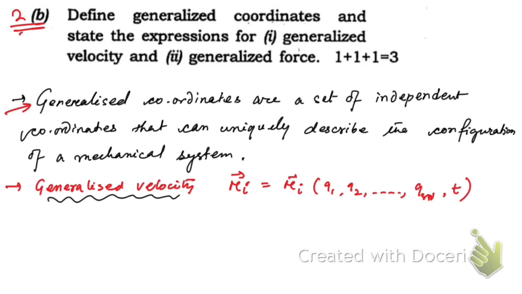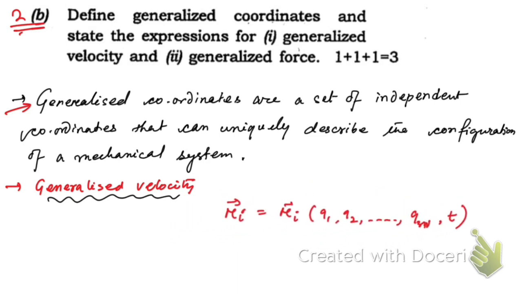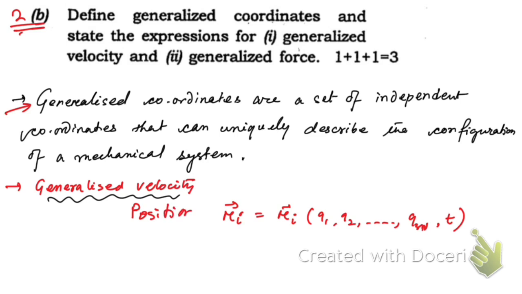So this is the position of the ith particle. These are the generalized coordinates.